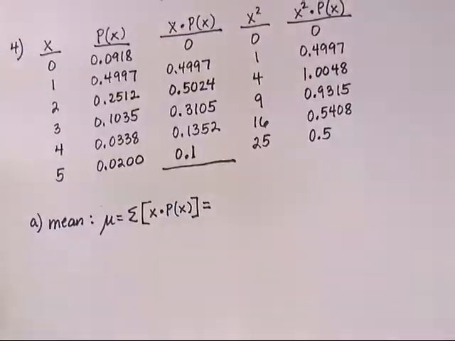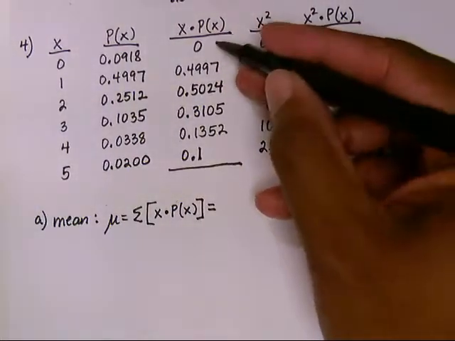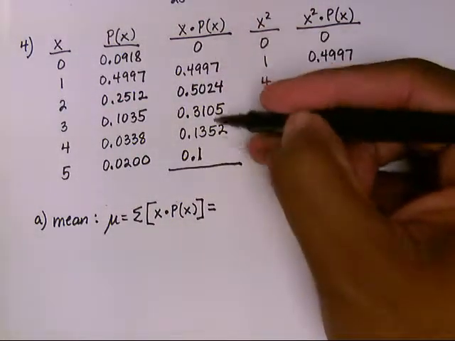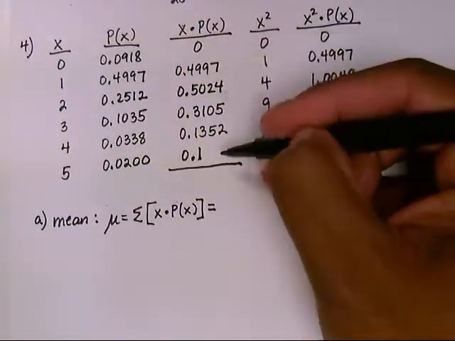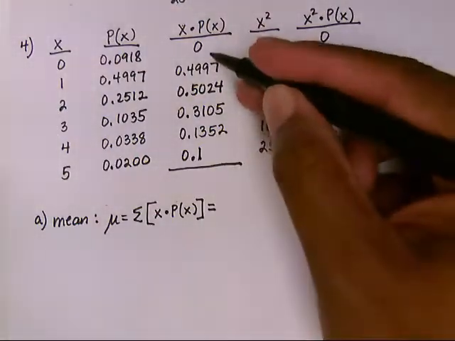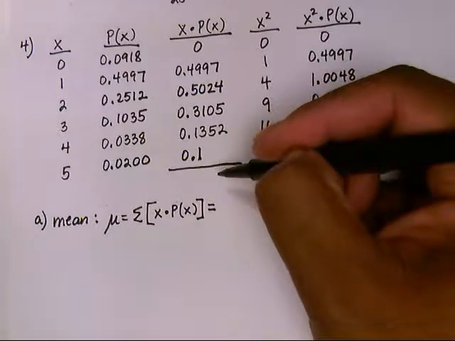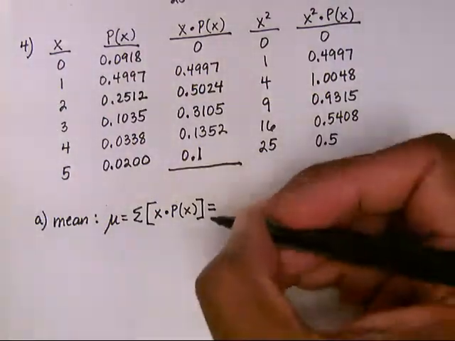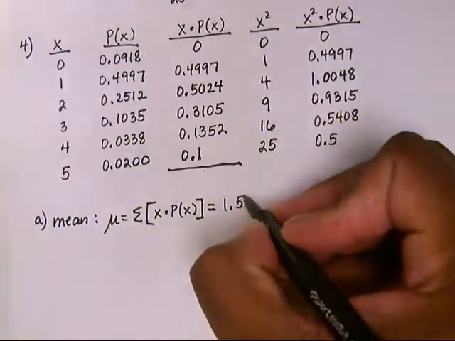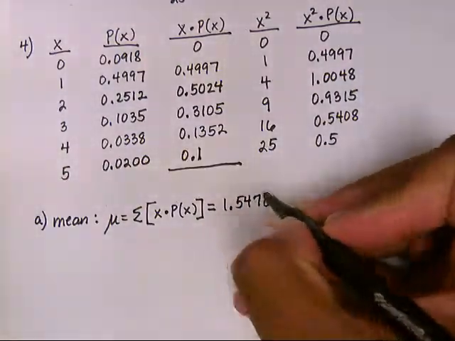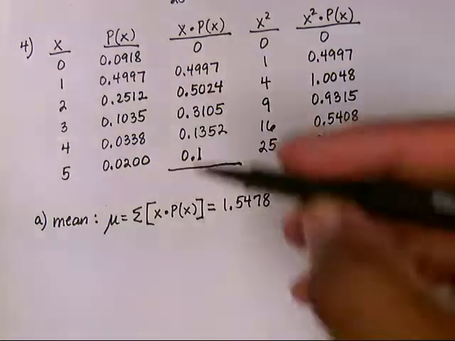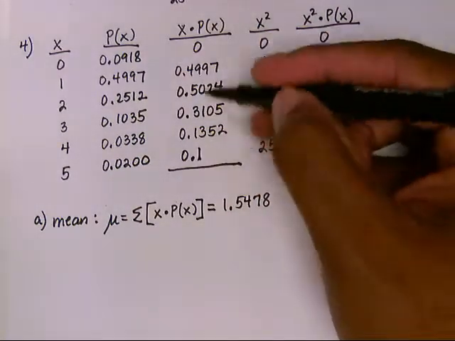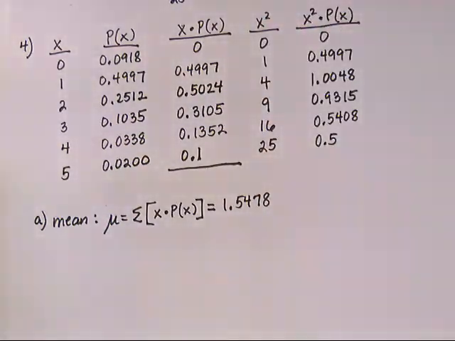So pretty much all you're going to do here is find the sum of this middle column right here where it's got x times p of x. You're just going to add those numbers together, and that will tell you what the mean is. And in this case, it's going to be 1.5478. So here we're just adding these numbers in the x times p of x column to get 1.5478.